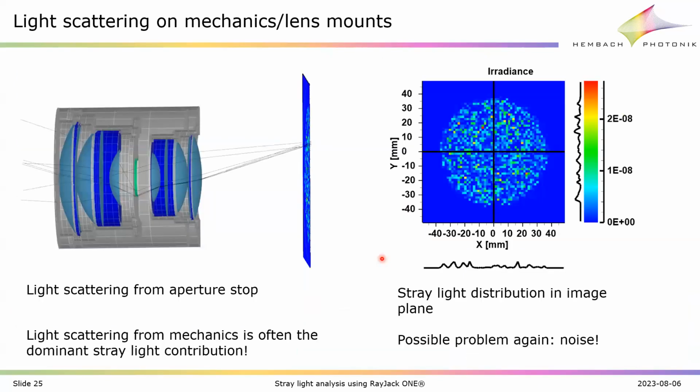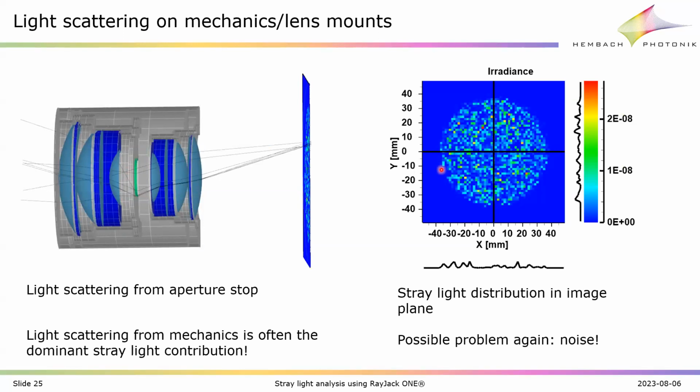coherent ghost analysis. Now let's talk about light scattering from mechanics. This is a double Gauss lens with the aperture stop here, and light may scatter from the inside of this aperture stop. Let me mention here that once again, you may run into noise issues.